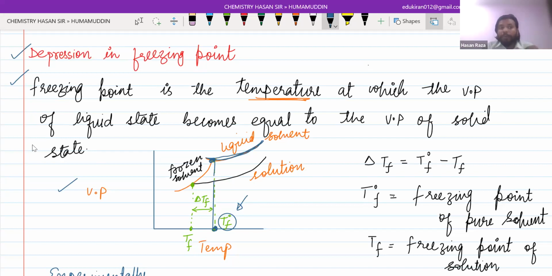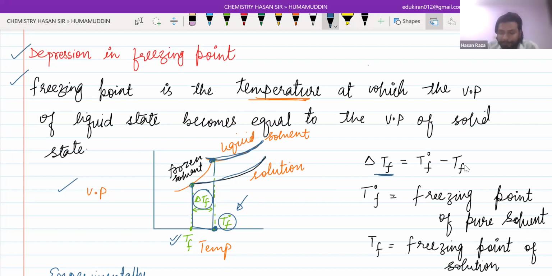But when you mix a non-volatile solute, the freezing point of the solution decreases, and the freezing point of the solution is here, that is TF. Now again, the difference between these two freezing points is known as delta TF. Delta TF is equal to T naught F minus TF.